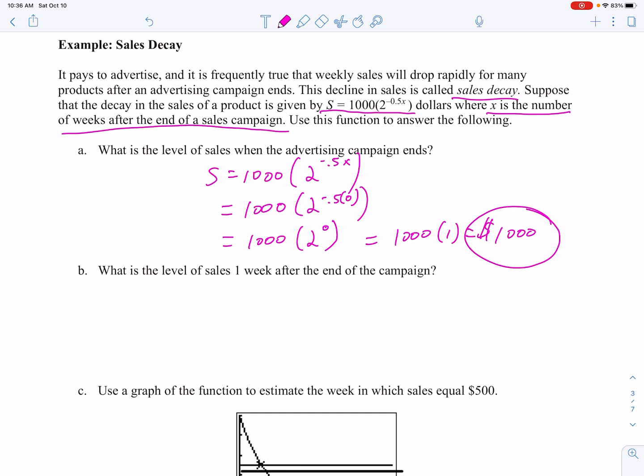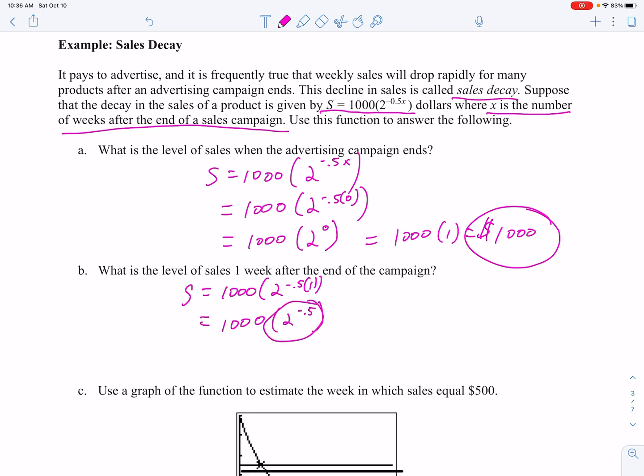What is the level of sales 1 week after the end of the campaign? Well, same thing, but now we're going to plug a 1 in for the X. Which means it's 1,000 times 2 to the negative 0.5 power. Now, be careful of PEMDAS here, of course, right? Remember, we work inside the parentheses first.